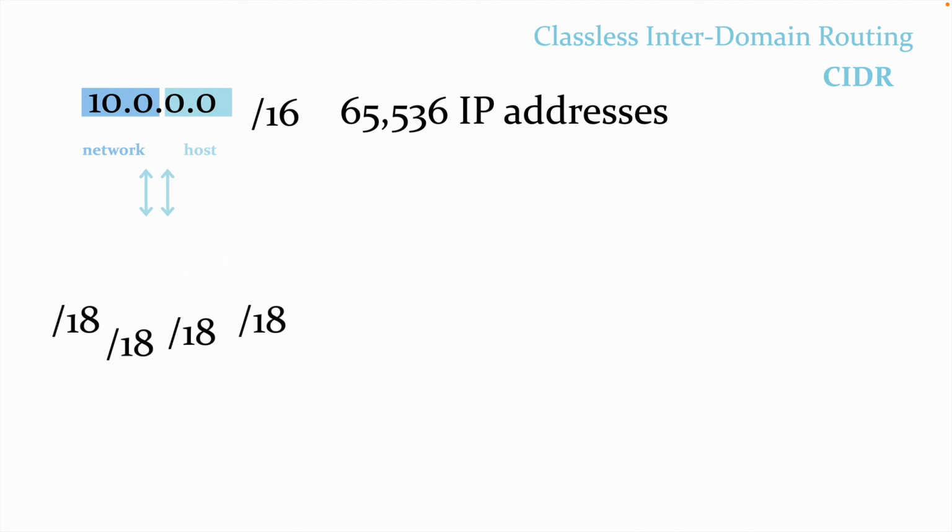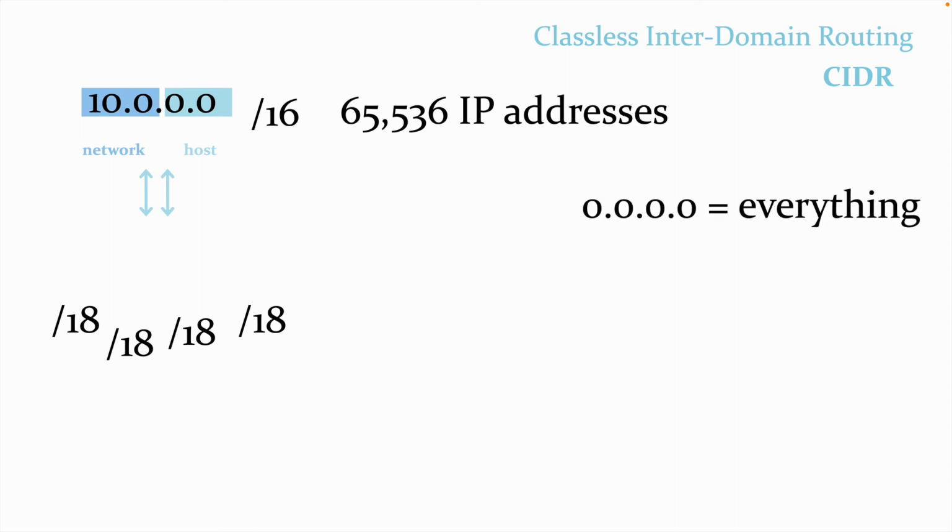And this process is called subnetting. We take the network and we split it up, which increases our prefix, creating 2 or 4 smaller networks. And each time we split our network, our prefix gets larger. Because remember, the larger the prefix, the smaller the network.